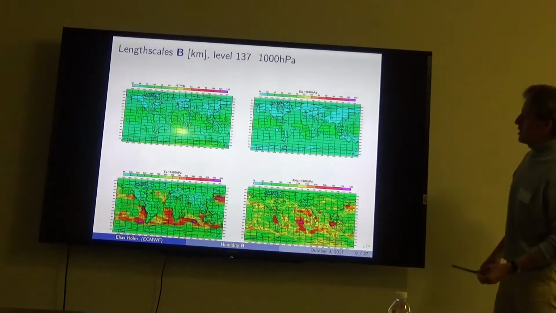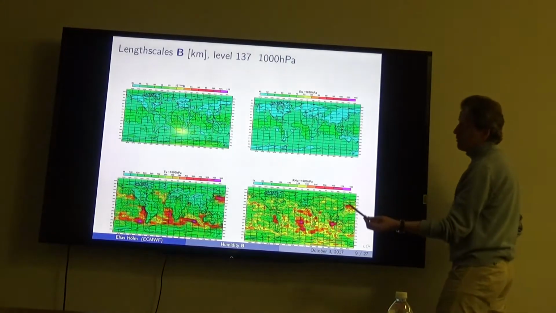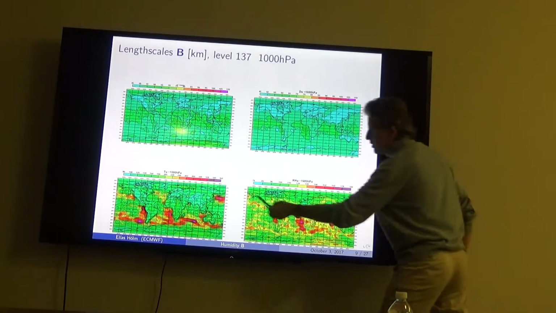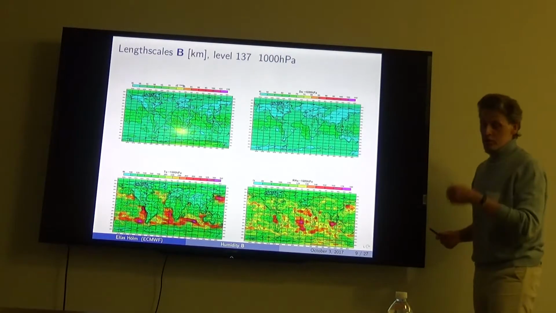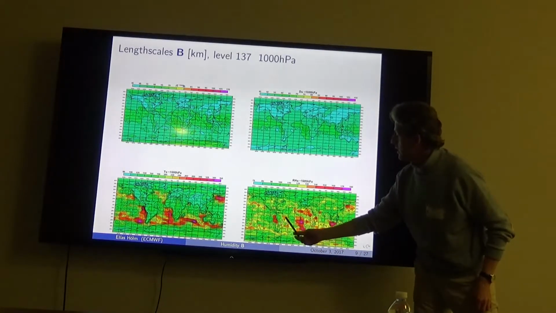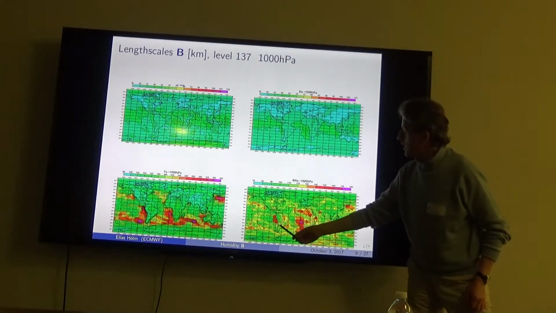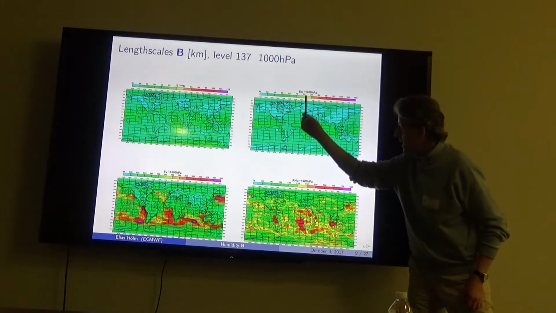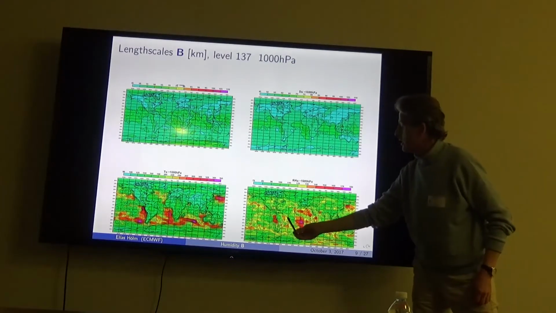What is nice here, when you look at relative humidity, it's not surprising that it's quite related to the temperature. And again, here you can see very sharp contrast between land and sea. For example, if you look here over South America, the variances change, or the length scales change very rapidly.